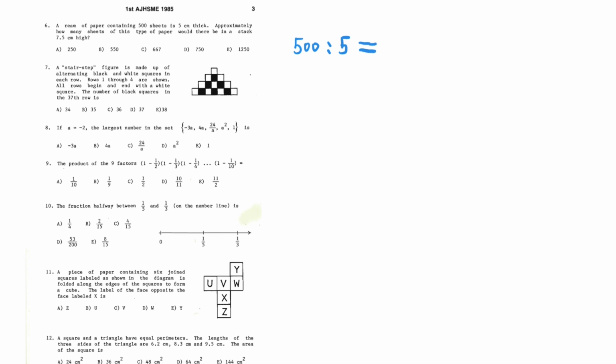They equal to, they ask 7.5 centimeters high. So 7.5, how many papers we don't know. Use x. So 500 to 5 equals x to 7.5. The ratio is the number of paper to the thickness of the paper. Now solve this problem. We use inside times inside, outside times outside.